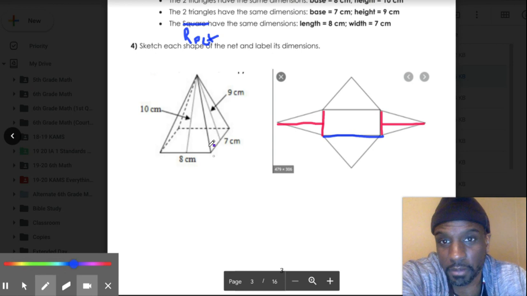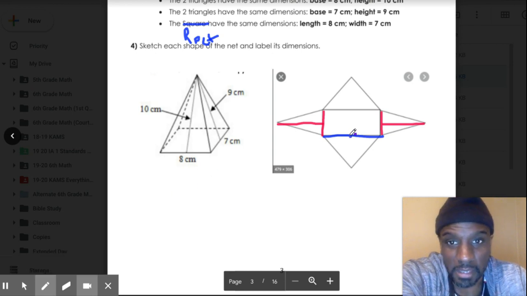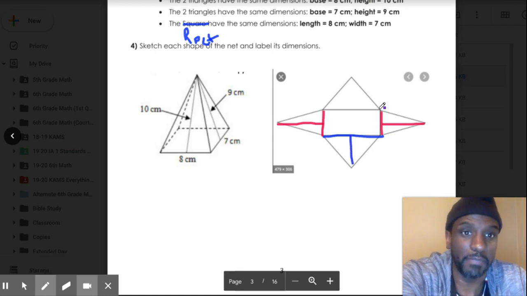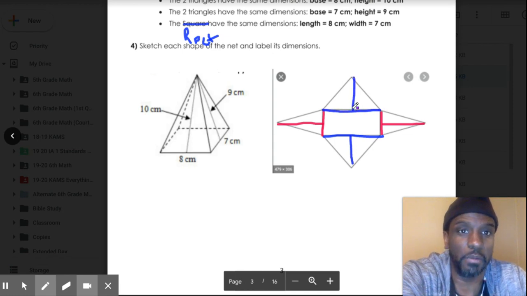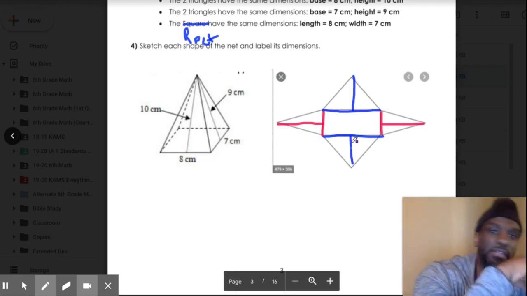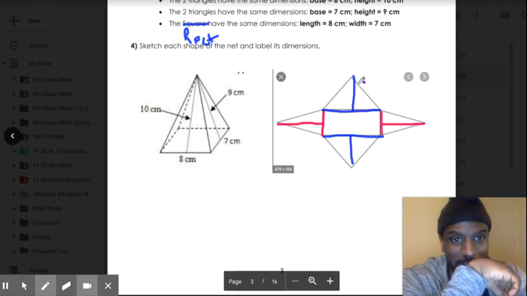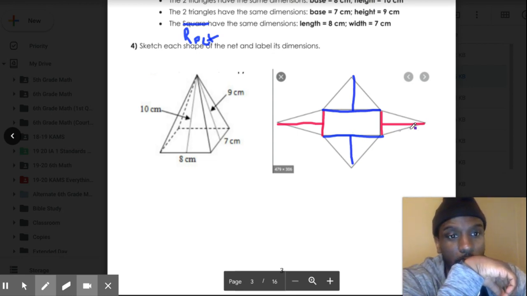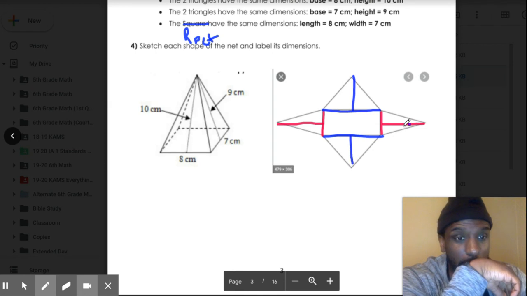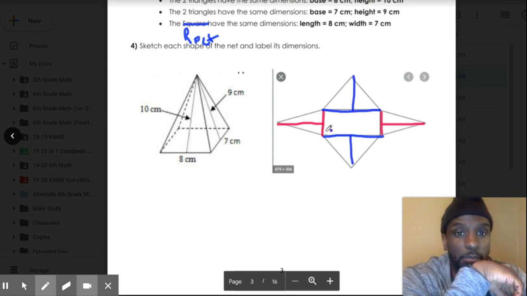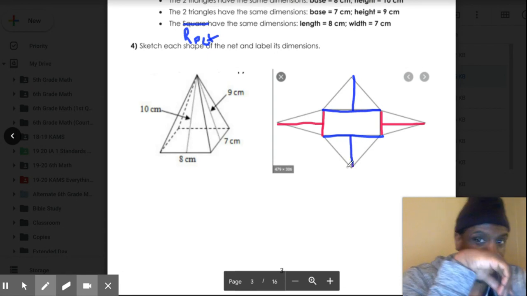Now, over here is your 8 by 10. I'm doing the base and the height of the triangle. So these blue ones are 8 by 10, both. These red ones are 7 by 9. Base is 7, height is 9. Over here, blue, base is 8, height is 10, okay? So here we go.